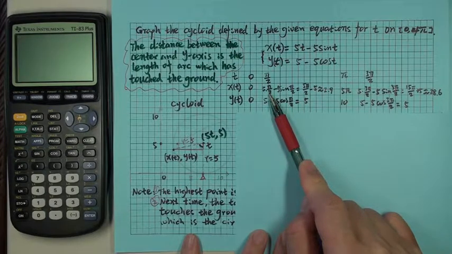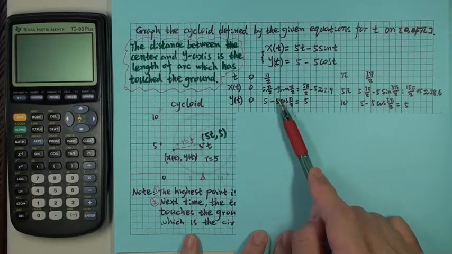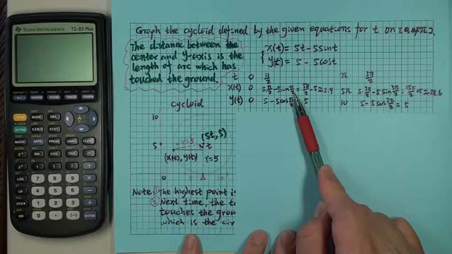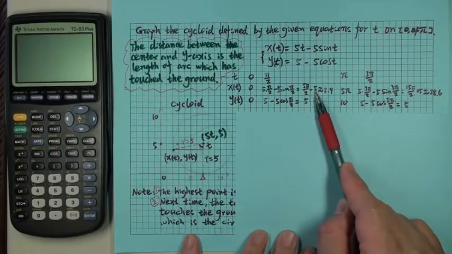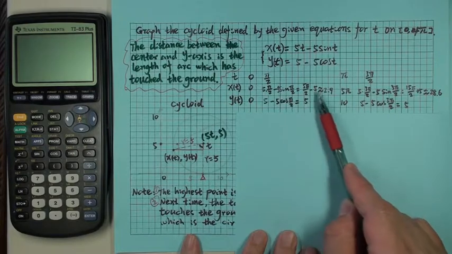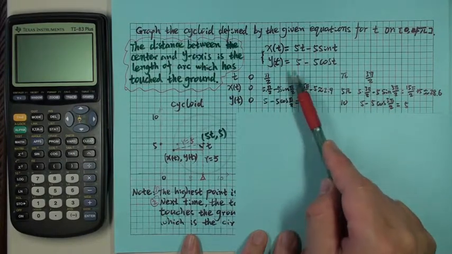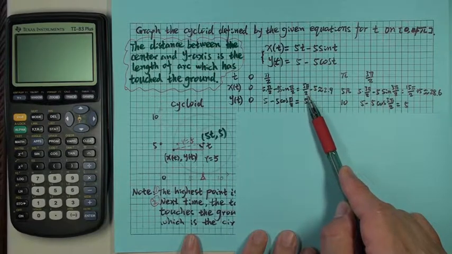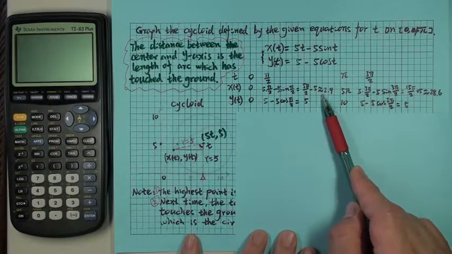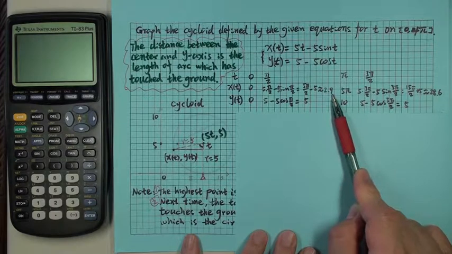Upstairs, when t is pi over 2, sine pi over 2 is 1, times 5 is 5, minus 5. And when t is pi over 2, x is 5 pi over 2 minus 5, which is approximately 2.9.